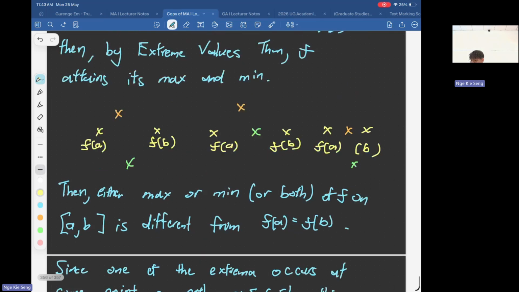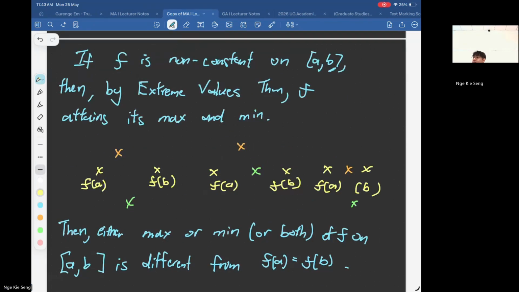These cases correspond to what I drew here. Make sense? So you can go like this, or like this, or like this.